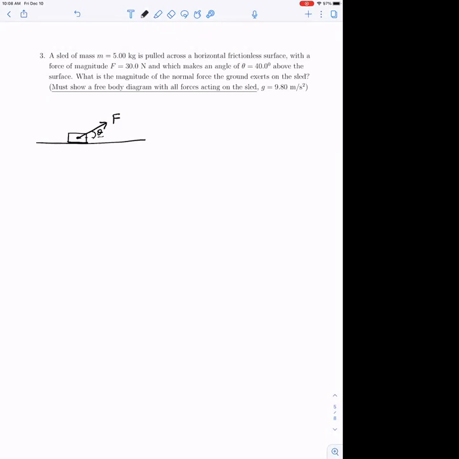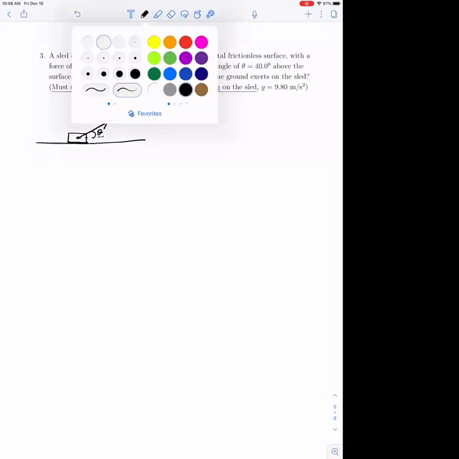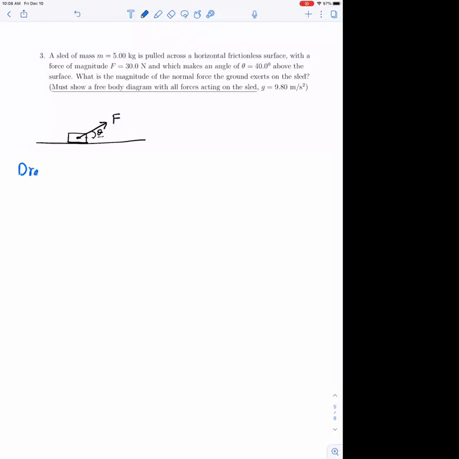So what I'm going to do now is draw a free body diagram. And I want to emphasize the meaning here of a free body diagram. So the first thing you have to do in drawing a free body diagram is free the body from its surroundings.